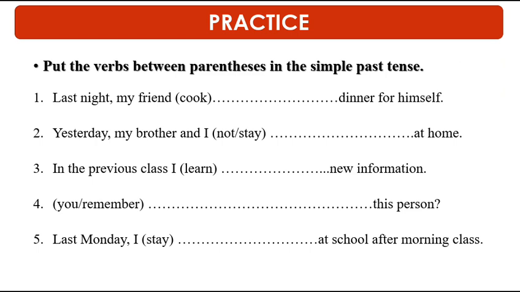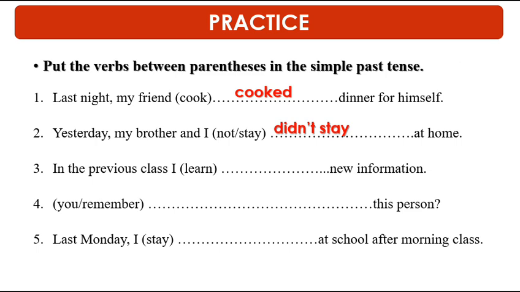Shall we correct? Okay, the first one, cooked, because it is affirmative. So in the affirmative form, we add only ed to the verb. The second one is negative because we have not, so it becomes didn't stay. Yesterday my brother and I didn't stay.